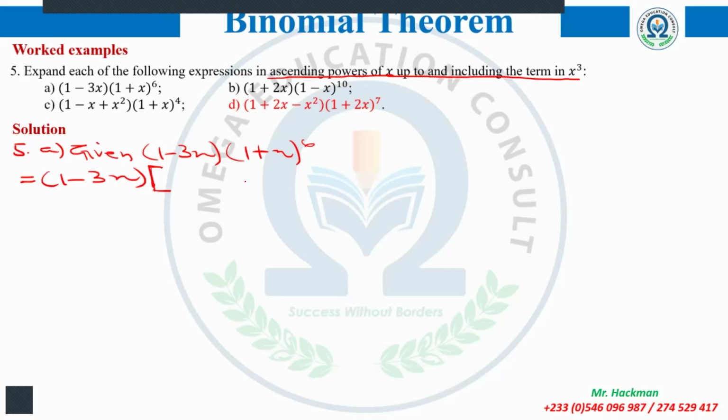So this is going to give us 1 plus n combination 1, and n is 6, so 6 combination 1, then x, since our x is still x. Then plus 6 combination 2, then x squared.